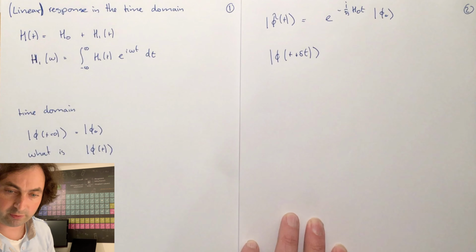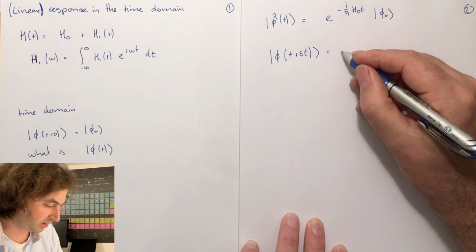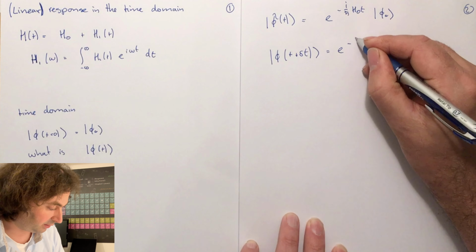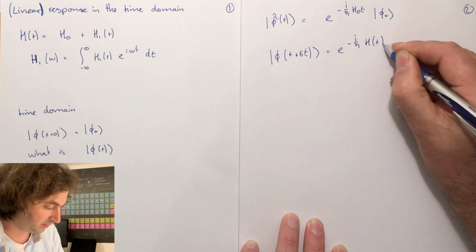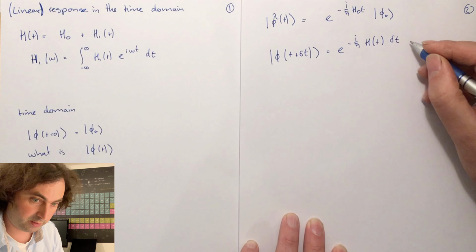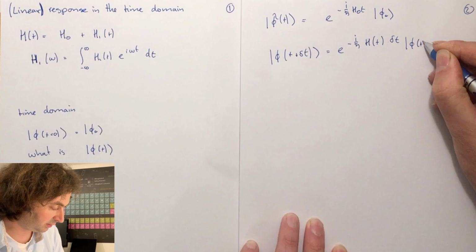So for an infinitesimal time, we can still use this exponential and say this is e to the minus i H(t) delta t over h bar, acting on psi(t).